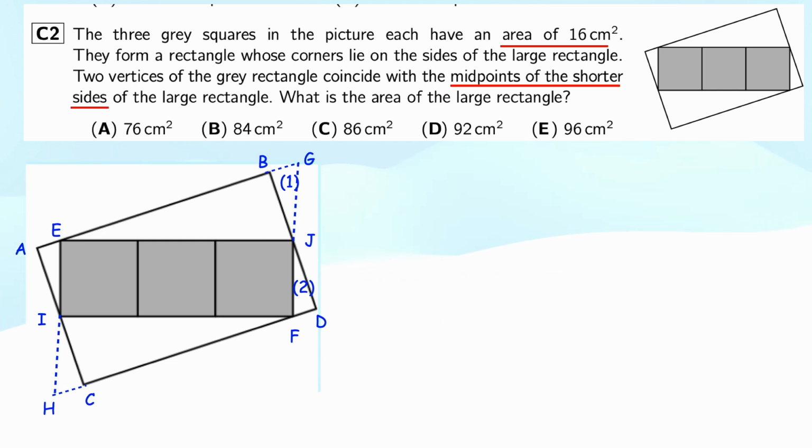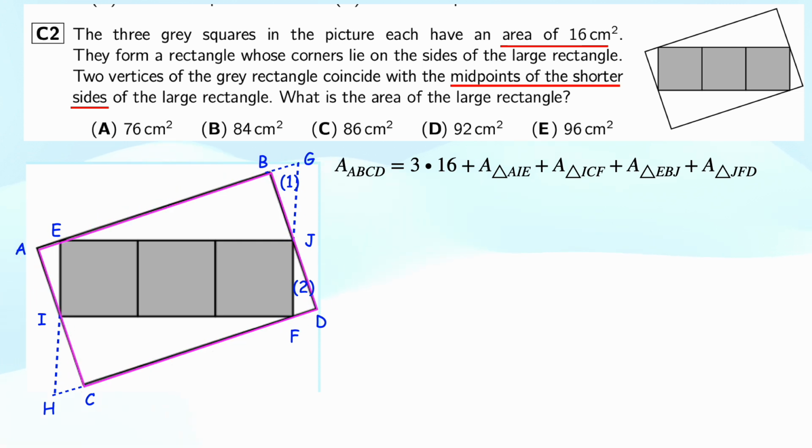So let's look further. We want to get the area of the rectangle ABCD. So what's the area of rectangle ABCD? The area is the gray part of the 3 squares plus some small areas. If we look at that, the triangle AIE plus the triangle ICF is the same as the area of triangle IHF.